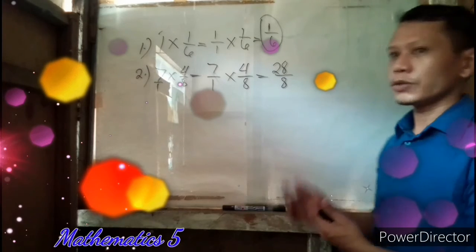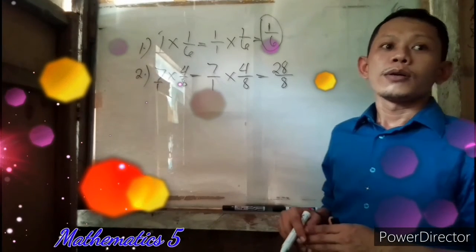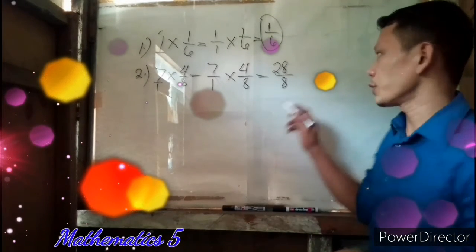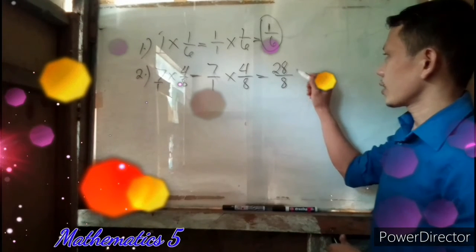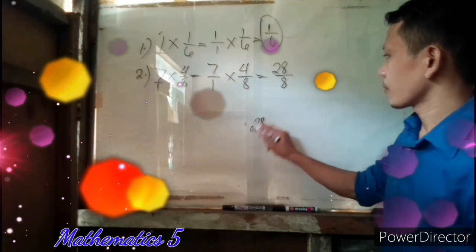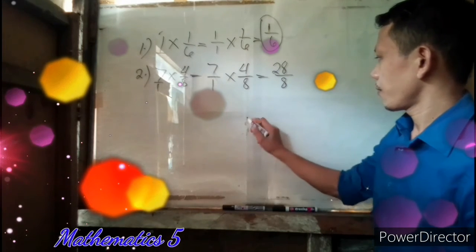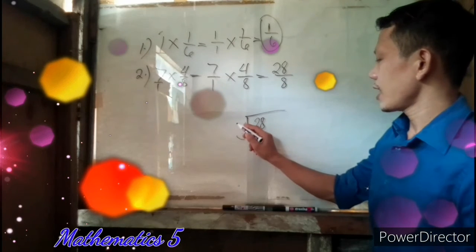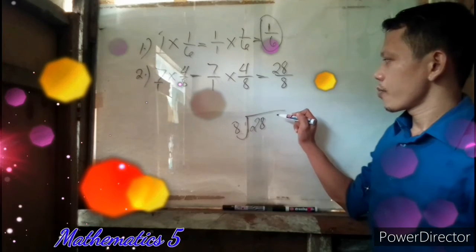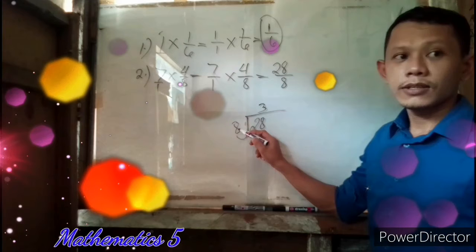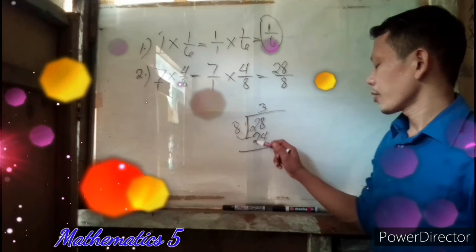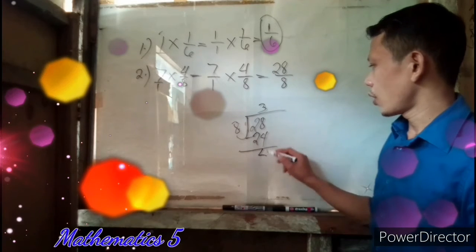So what we're going to do is simplify into lowest form. So that we can easily solve, we're going to divide 28 by 8. 3 times 8 is 24. Subtract: 28 minus 24 is equal to 4.